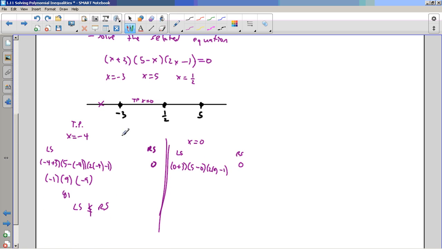So I know that this first bracket is a positive. So I have a positive, and then a positive, and a negative. So altogether, I've got a positive times a negative, and that is a negative. So is the left side less than or equal to the right side?